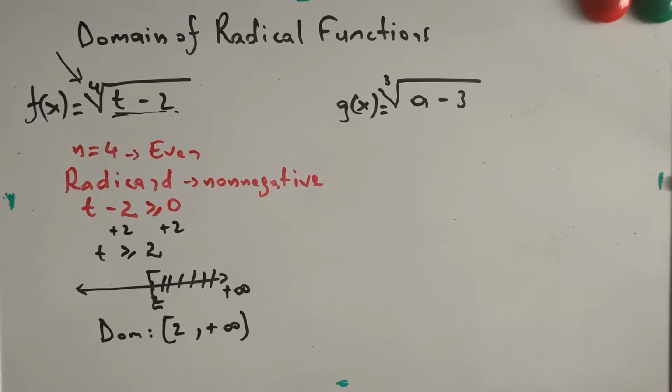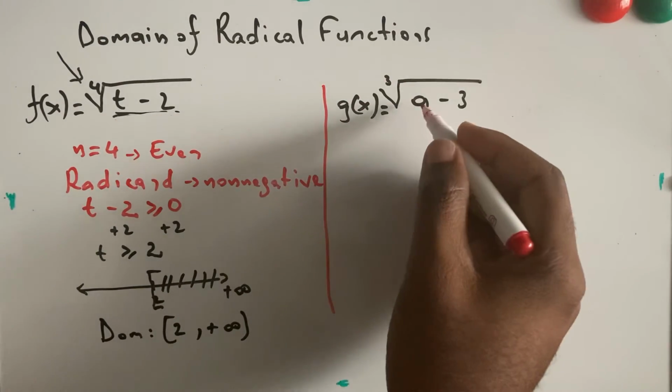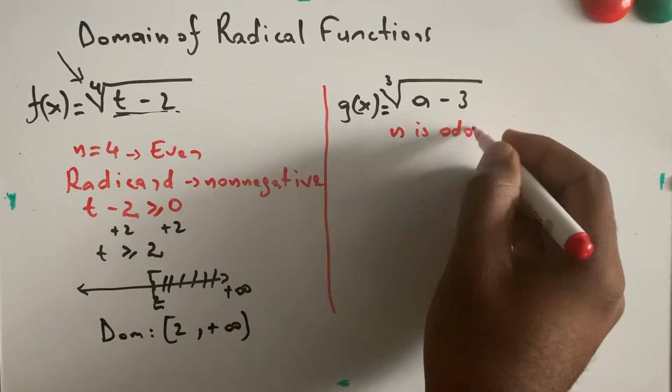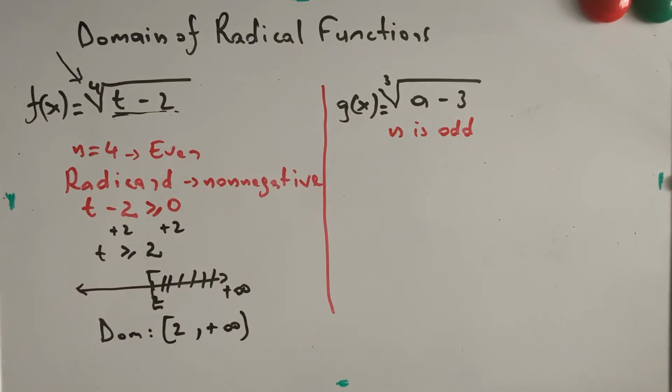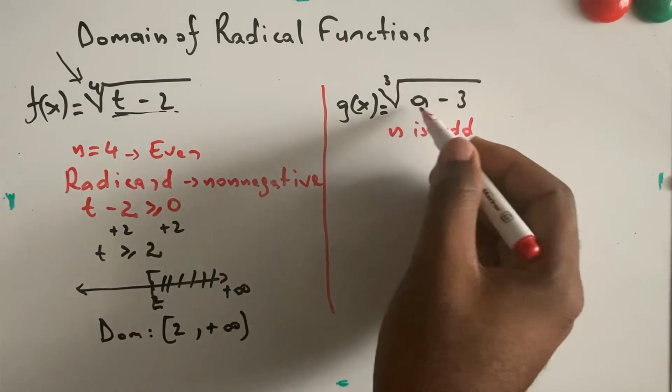If it's odd, is there any restriction, as in this case here? n is odd, right? Then if it's odd, what did we say? The radicand can be anything. It can be positive, it can be negative, it can be 0. So what are the restrictions? There's no restriction. Why? Because it's odd. If it's odd, I can put anything I want for a here.